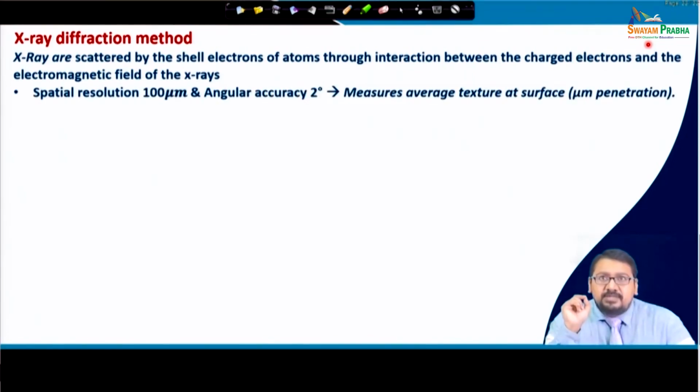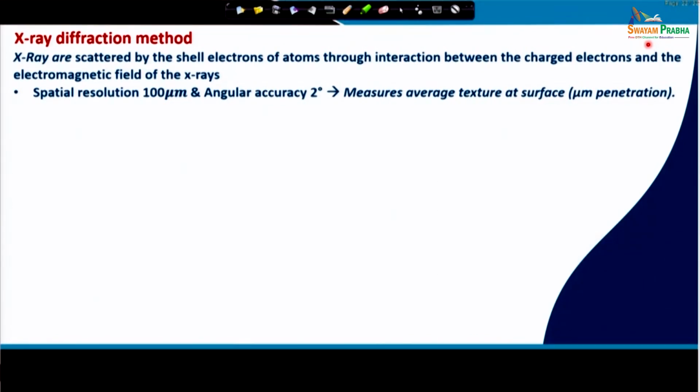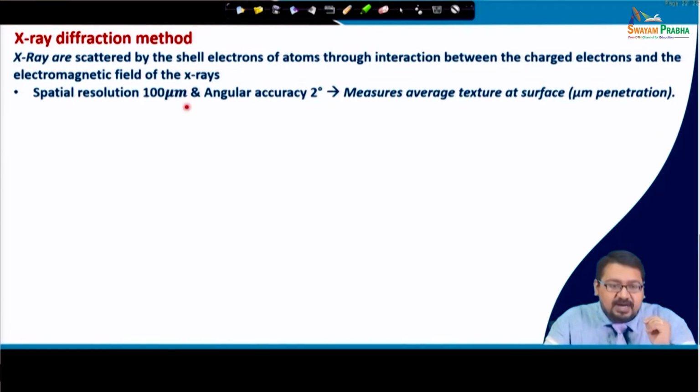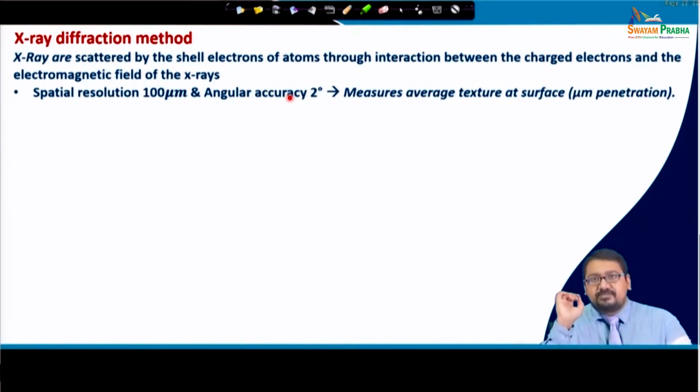Now, this interaction produces diffracted X-rays. However, the incident beam of these X-rays is basically divergent and its wavelength is smaller than the periodic lattice arrangement, but it is quite high, and therefore it has a spatial resolution of 100 micrometer and an angular accuracy of 2 degrees.